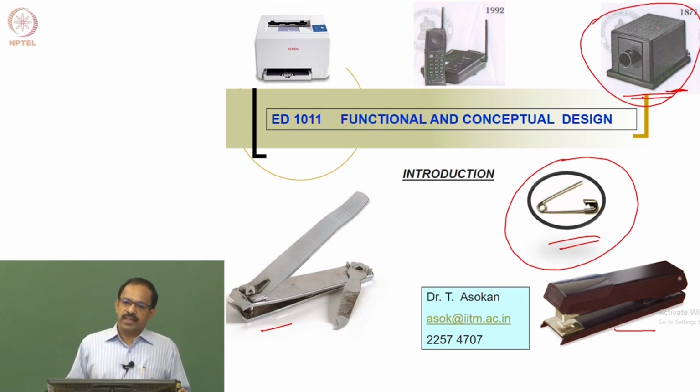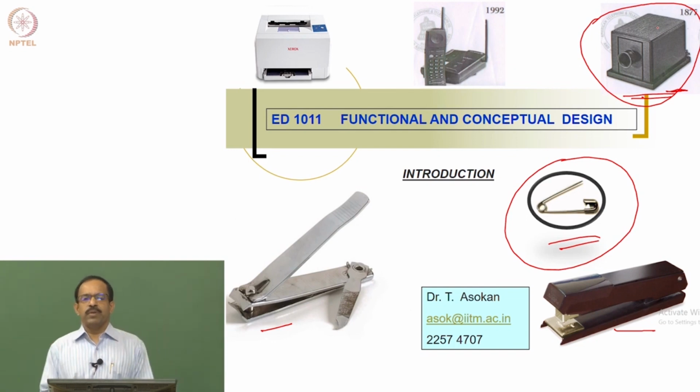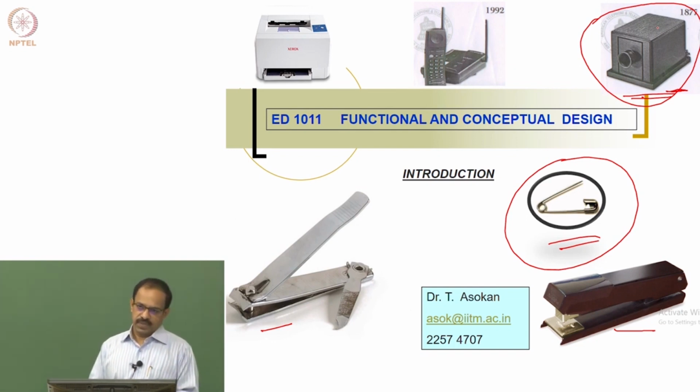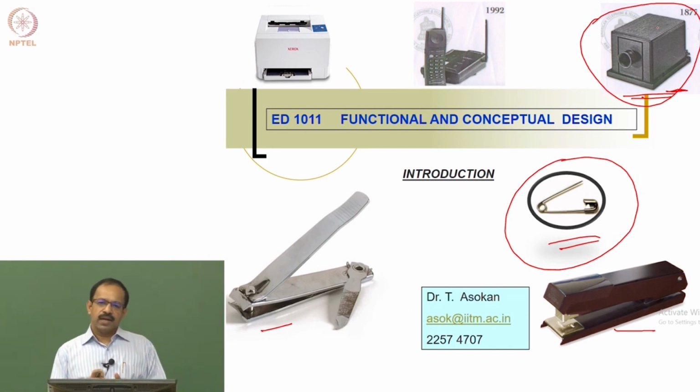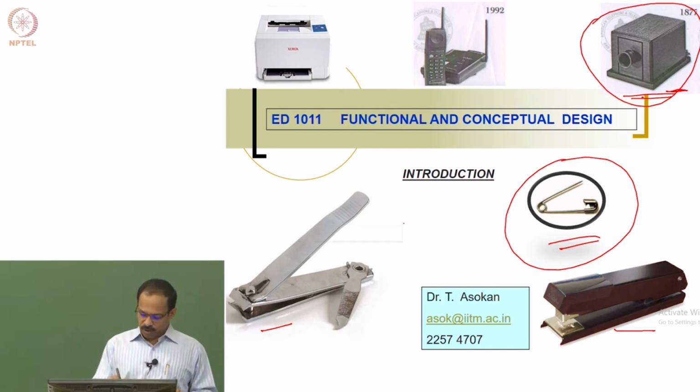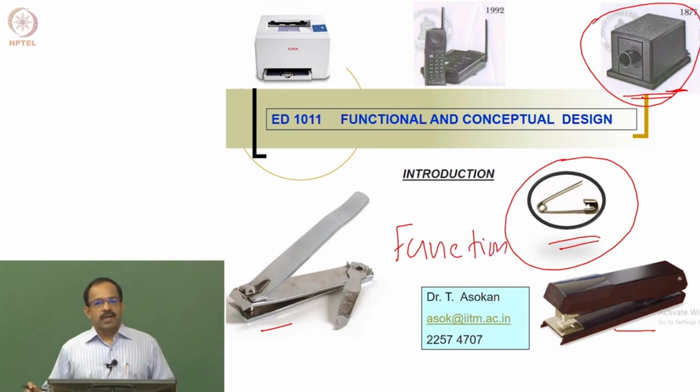So, if you look at any product in the market, you will be able to see these two important aspects of a product. One is the purpose of that product, or we call it the function of the product. A function of the product is basically what the product is supposed to do. What is it doing?